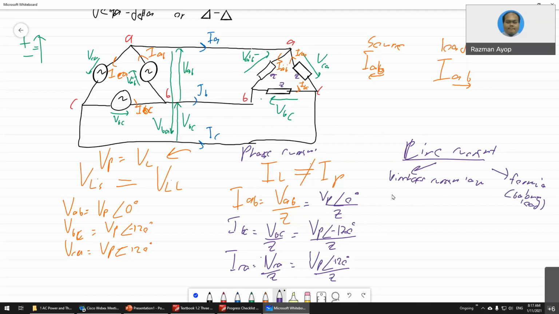So I give you an example, IA. You look at this point A. So IA is equal to input minus output, so IAB minus ICA. The trick is, if you want to find A, the beginning and the end letters are the same.